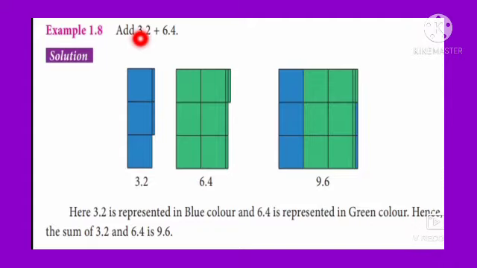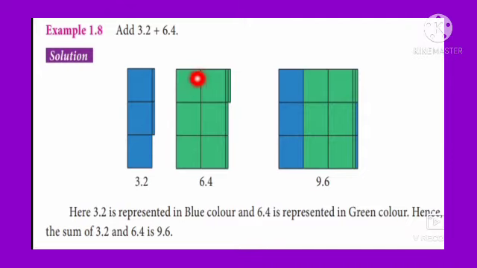So here for 3.2 we can represent it in the area model as 3 square areas, 1, 2, 3. And for 0.2 we have to put 2 thin rectangular stripes.